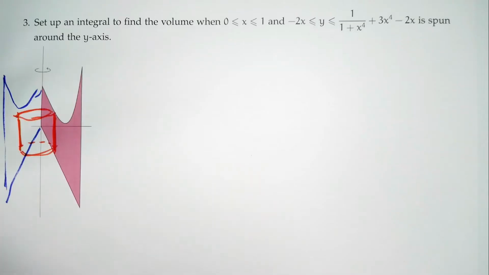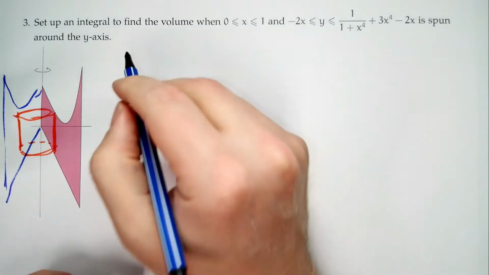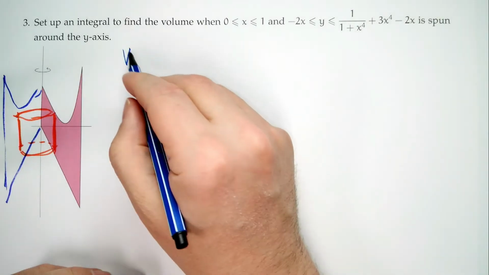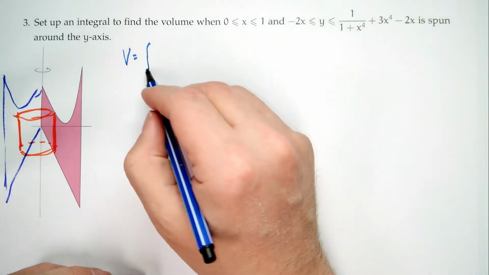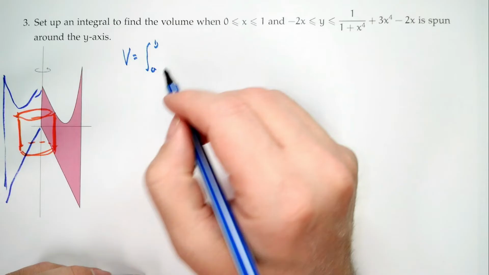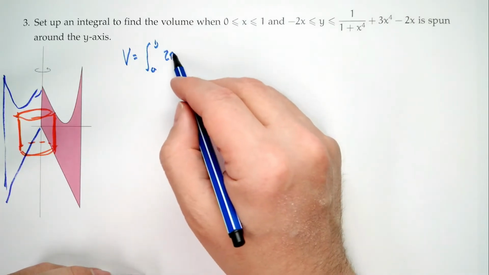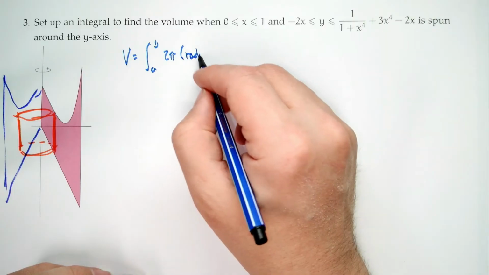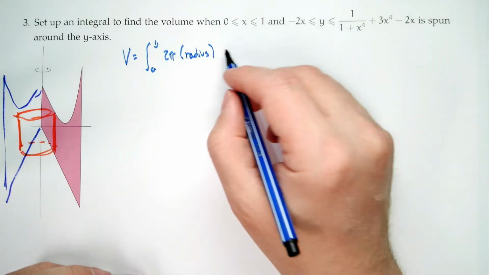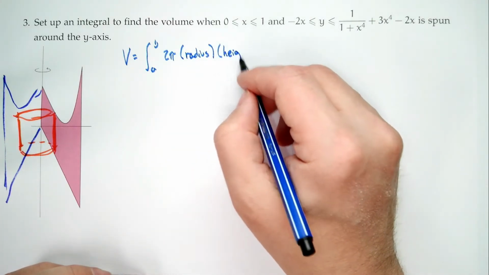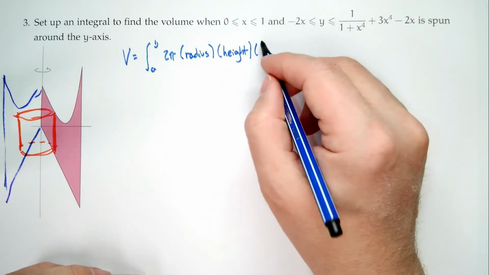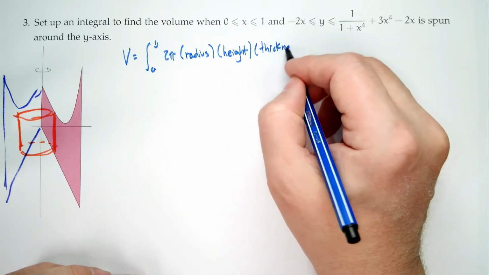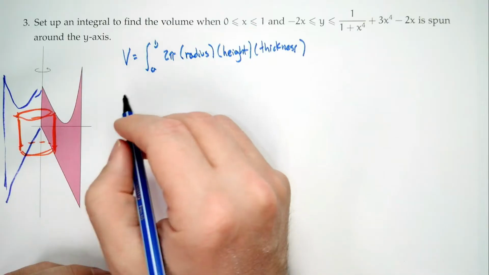Okay, so how does the shell method work? So the shell method says the volume is, you add up between your endpoints, 2 pi, and that's always 2 pi. Then there's a radius, that's how far you are from where you're spinning, your height, and of course, a thickness. Now, let's look at our case.